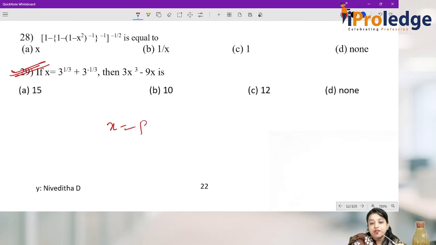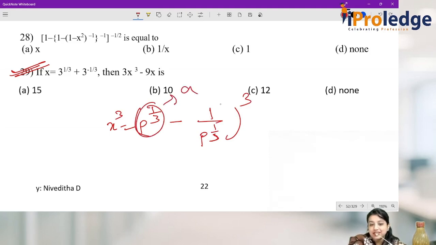Write x as p to the power of 1 by 3 minus 1 by p to the power of 1 by 3, it comes easily. In the options we have x cube, which means you have to cube the whole thing. So this is taken as a and this is taken as b.